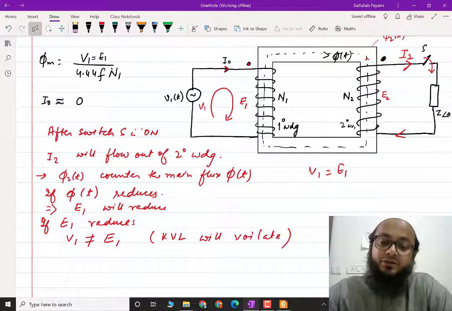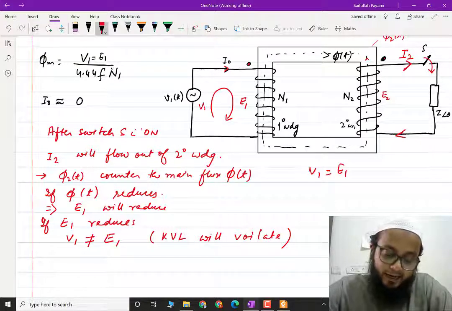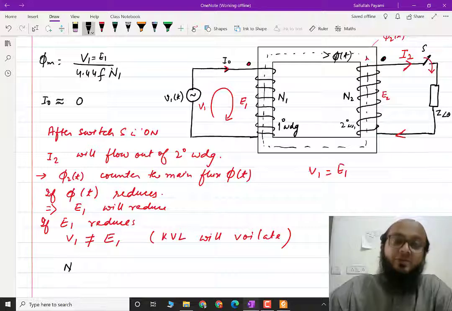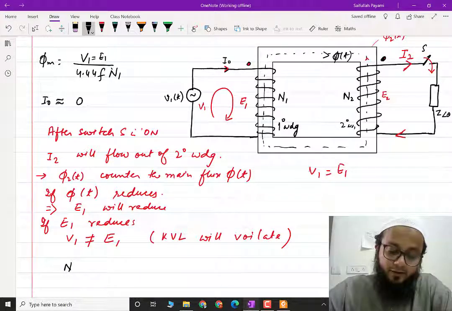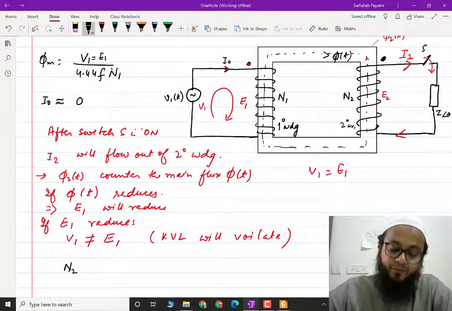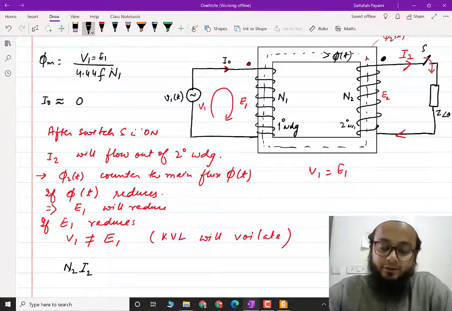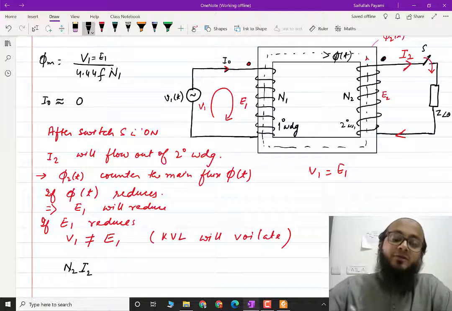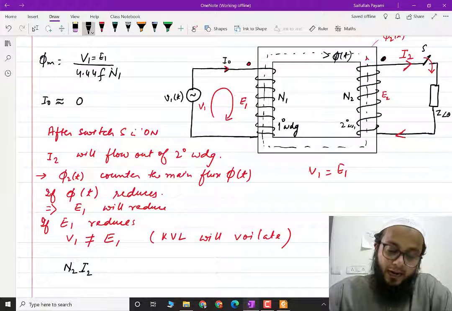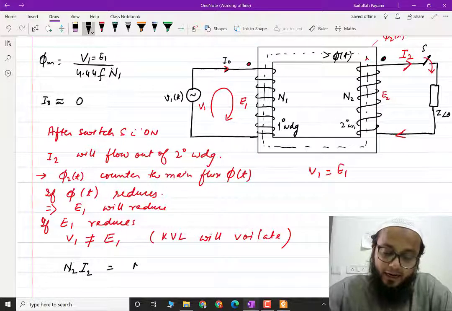Because of the loading, N2 I2 MMF is being produced. So an equivalent amount of MMF would be required from the primary source, and that would be equal to N1 I2 dash.